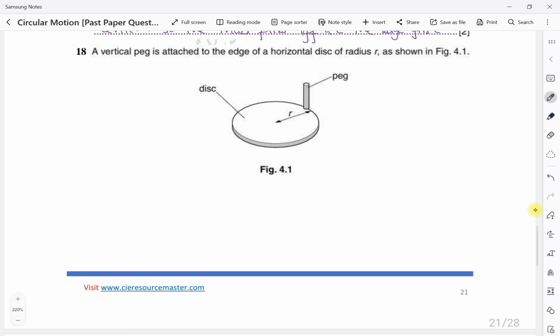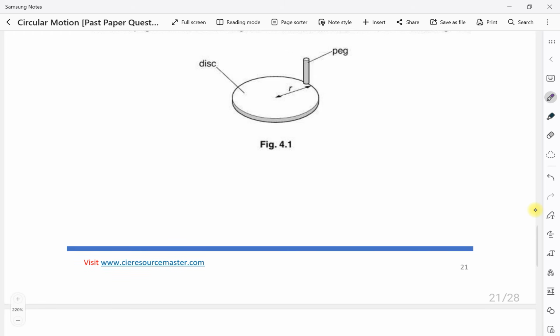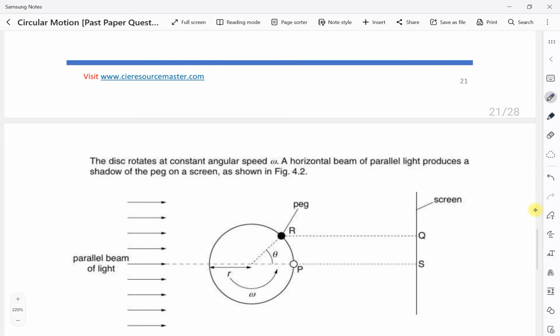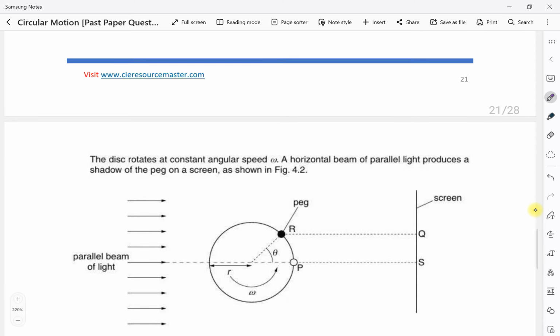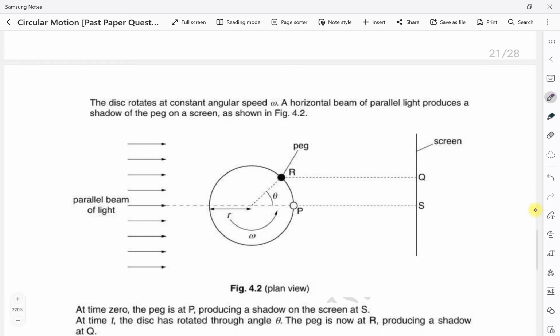A vertical peg is attached to the edge of a horizontal disc of radius r as shown in the figure. So the peg is on the edge. The disc rotates at a constant angular speed omega. A horizontal beam of parallel light produces a shadow of the peg on the screen as shown.